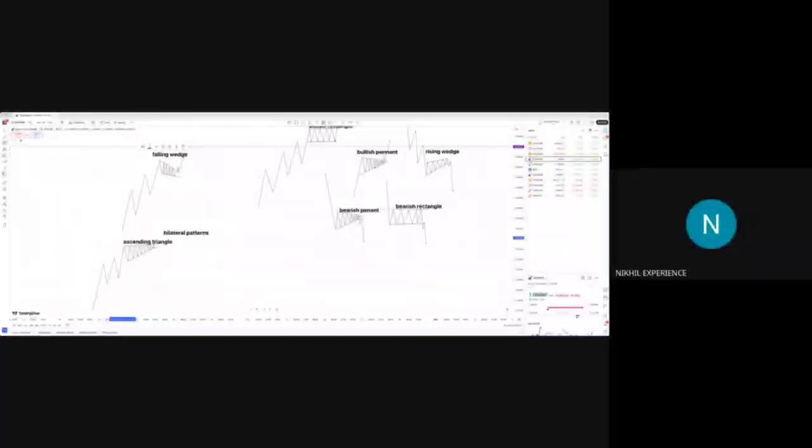Now we have the descending triangle. By the name, you're supposed to know it is the opposite of this. When the triangle is what? Descending.